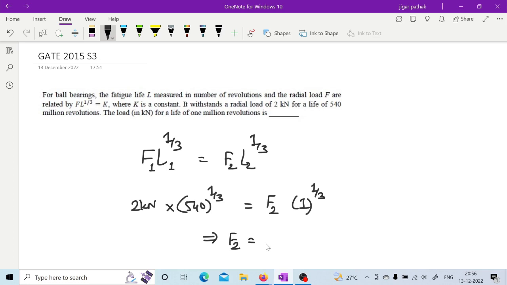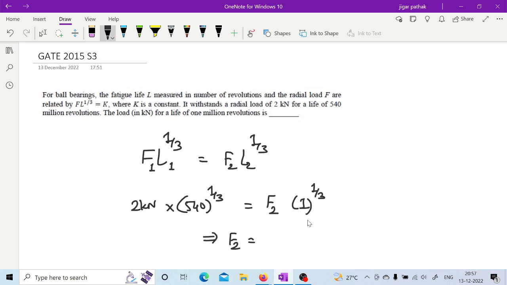Sir, regarding the power 1 by 3, should we take it as 1 by 3 itself, or can I take it as 0.3? Because if I take it as 0.3, I will get around 13, and if I take 1 by 3 whole, it will come around 16.